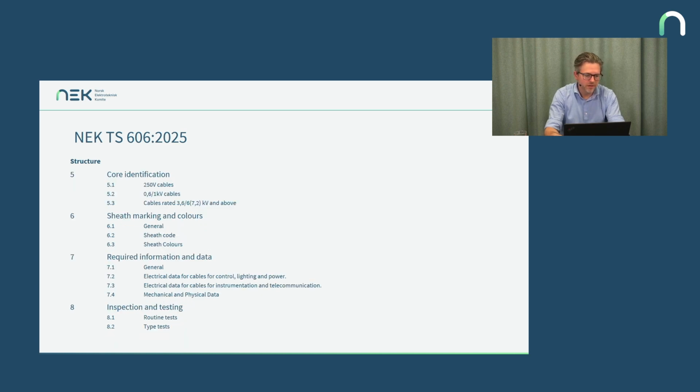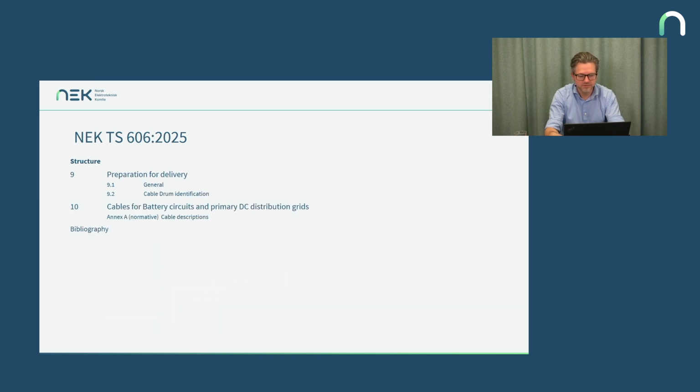Furthermore, there are some specifications on the core identifications, sheath marking and colors. Also the required information and data. Some additional tests are also specified for inspection and testing. And then finally, preparation for delivery, and this new chapter that I mentioned, cables for battery circuits and primary DC distribution grids.